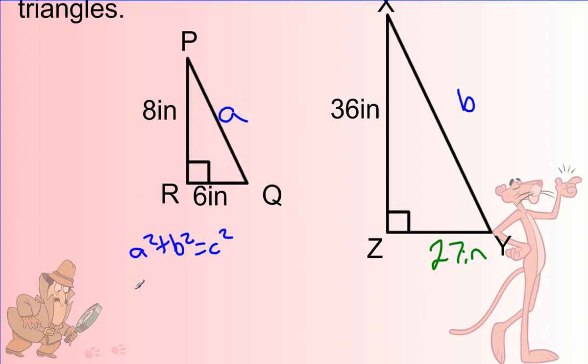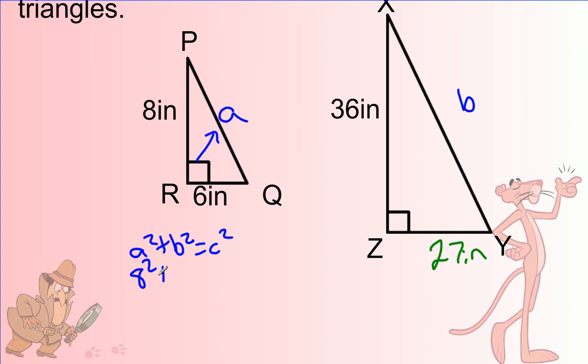I'm going to do the smaller one. Remember that this side is the hypotenuse, so no, I'm not going to plug in A for A. This is my missing piece over here. The A and the B are the legs, this 8 inches and this 6 inches.